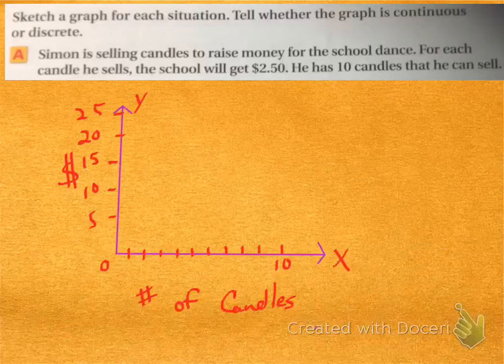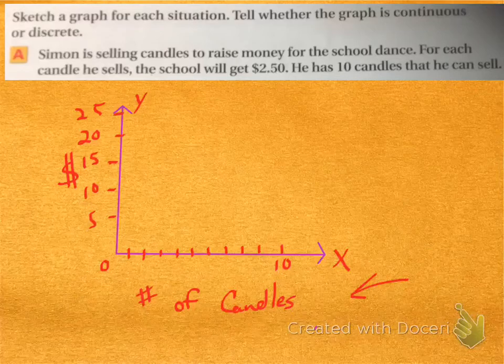Alright, here's my graph. Now I set it up where X is my candles, so that represents how many candles I have. And the reason why I picked that to be X is because if I sell one candle, it tells me how much money I'm going to get. I can't get money and then tell me how many candles. So I have to sell candles before I get money.